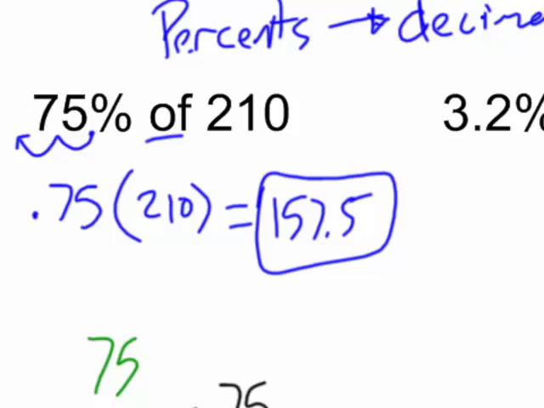And with percents, always make sure your answer is reasonable. Well, 75% of 210, I know it's less than 210. It should be more than half, so half of 210 is about 105. It should be right in between there. Yeah, 157.5, that seems reasonable. So always make sure that it makes sense.